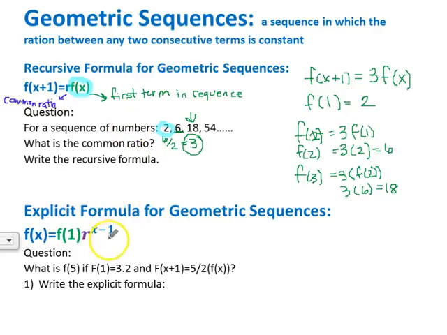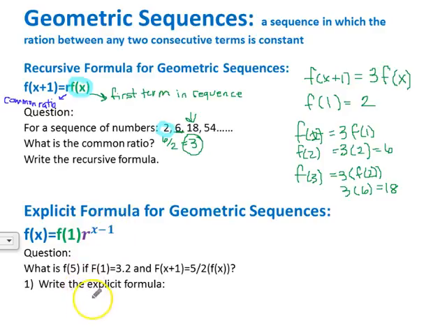And next, we're going to take a look at the explicit formula for geometric sequences. So here's the formula where we have f of x equals f of 1, which is going to represent the initial amount, times r, which is again going to be the common ratio, to the x minus 1.